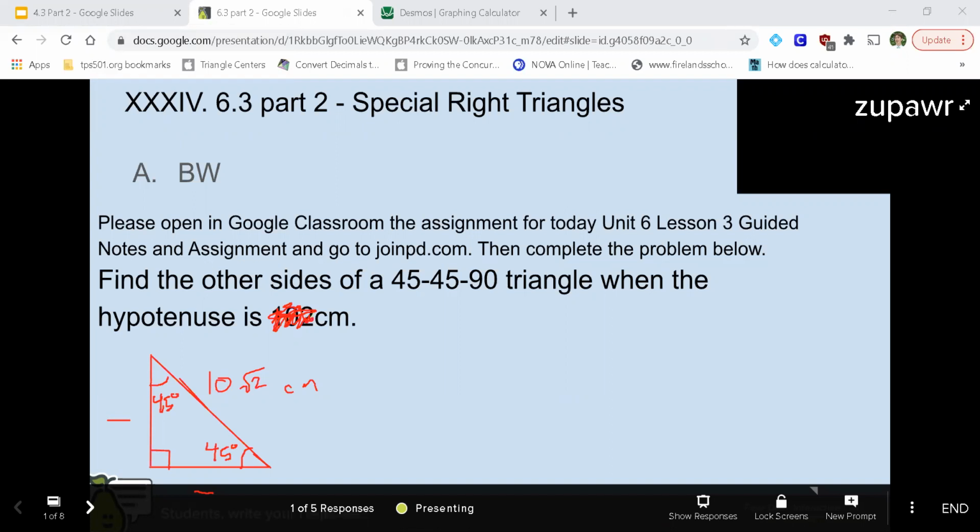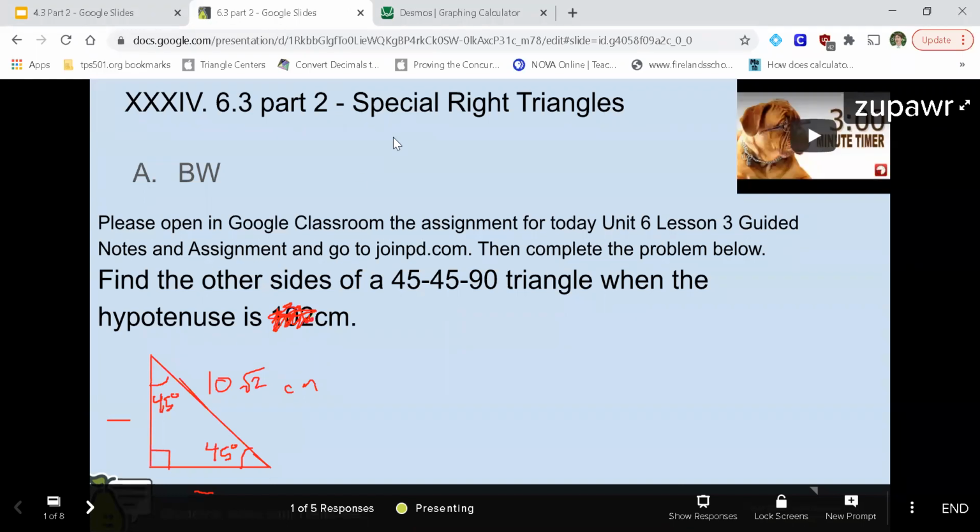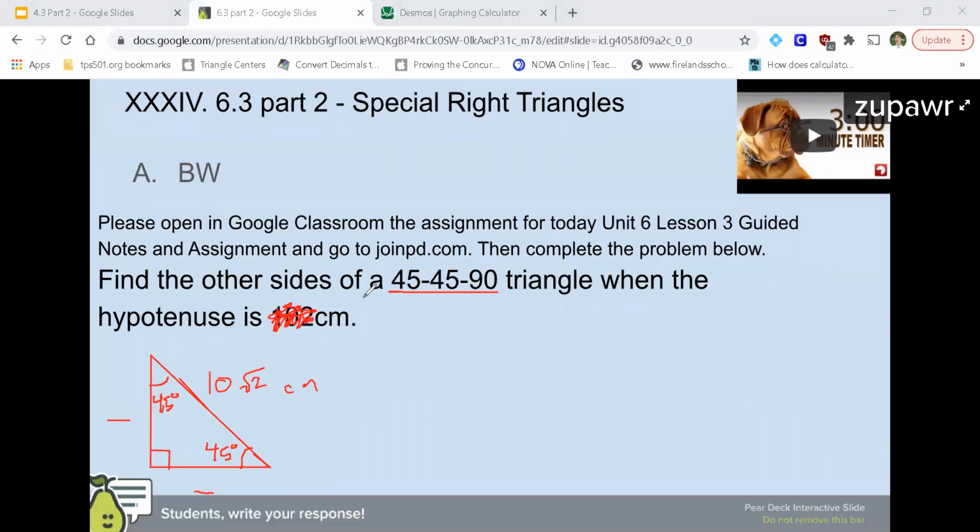Okay, let us go over this. So the key part to this problem is to notice that this is a 45, 45, 90 triangle. So whenever you see that, you should look in your notes and find that for all 45, 45, 90 triangles, the hypotenuse is equal to the leg times the square root of 2.